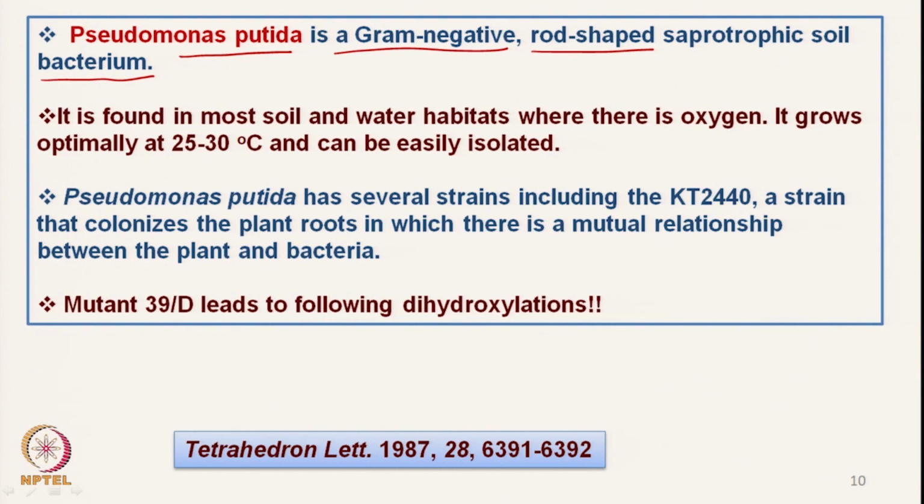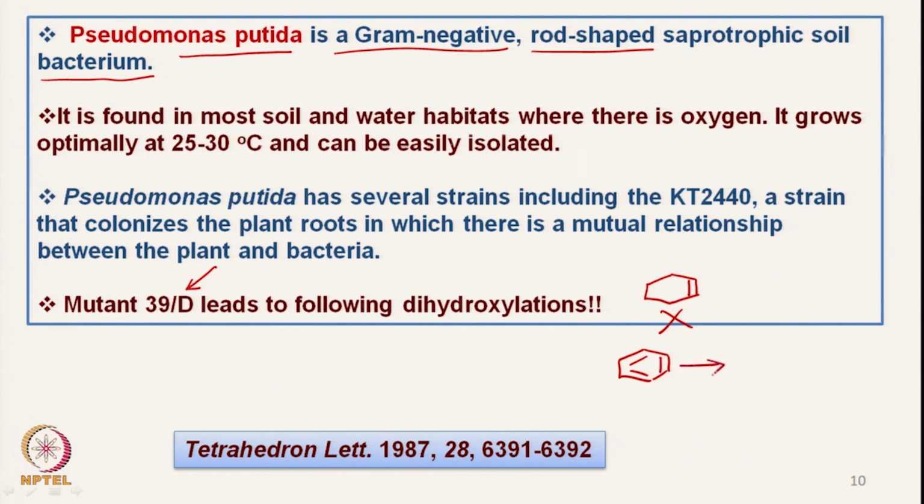However, we are more concerned about this particular mutant, which is mutant 39/D, that leads to dihydroxylations, and it is interesting to see that such dihydroxylations do not happen on any olefin such as this. It does not happen, this does not react, but it reacts with aromatic molecules such as benzene, for example.